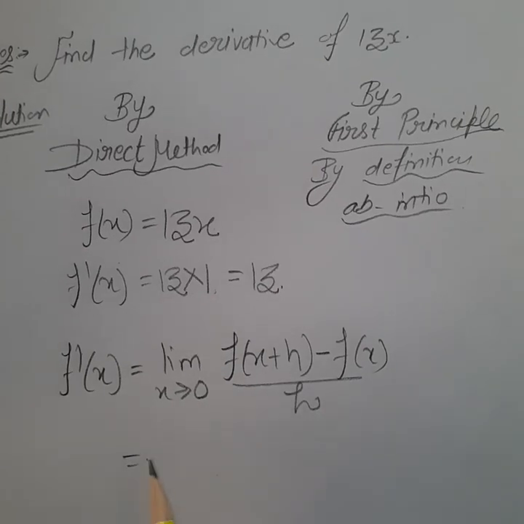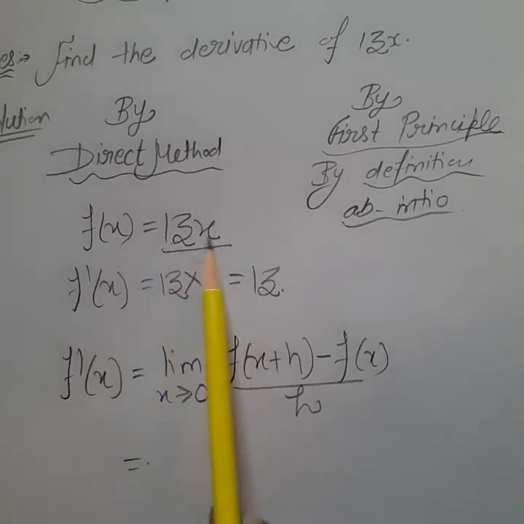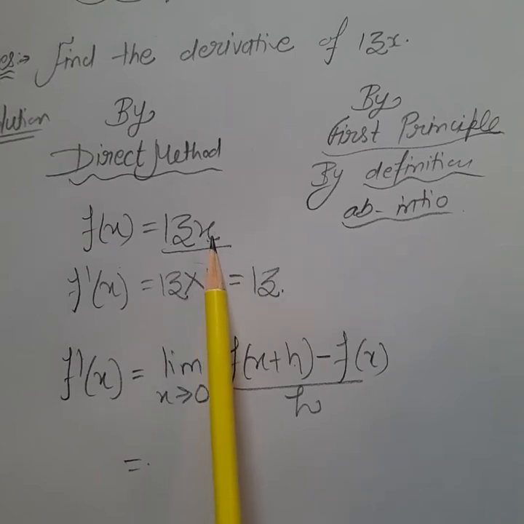So to solve this, first of all you can see your question, that is 13x, and now you put the limit and the function f(x + h), which means at the place of x you replace x by x + h.